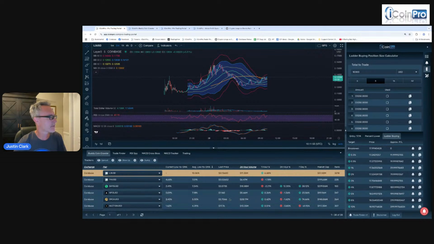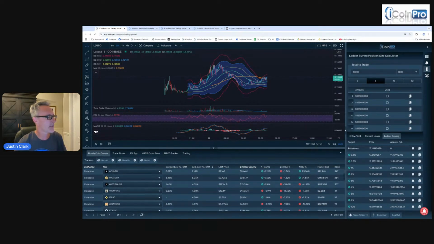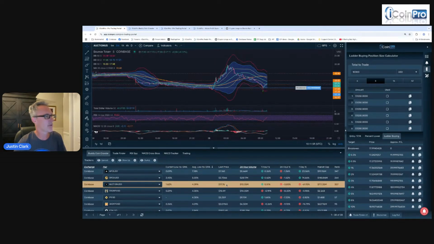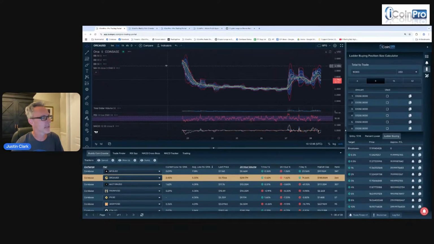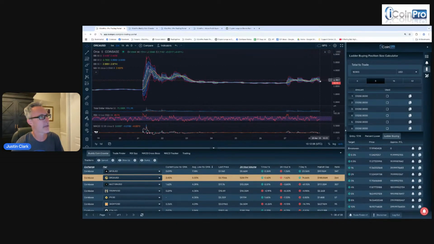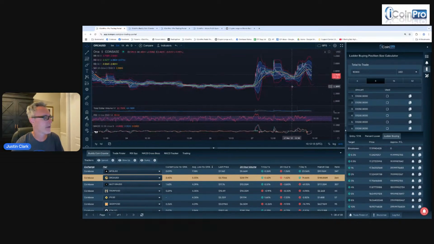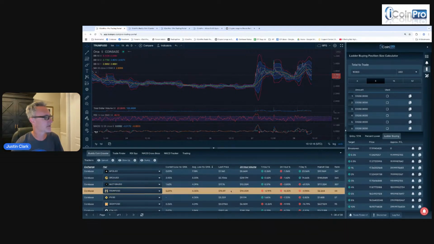I think we're going to go to Orca and Auction as our two. Auction because it's already so low, so that's a good one to potentially trade. And then Orca, as long as it keeps moving up and down well, it came way down, then shot back up, and we're getting some good volatility ranging in here. So definitely Orca and Auction are going to be my two that I'm going to be watching the most closely.